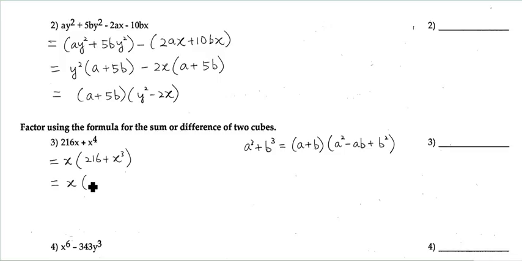What would that be? If you don't remember the perfect cube list, well, your dancing shoe would be very helpful. Anyone? It would be 6 cubed plus x cubed.